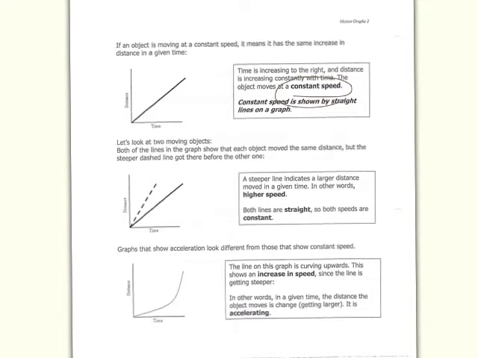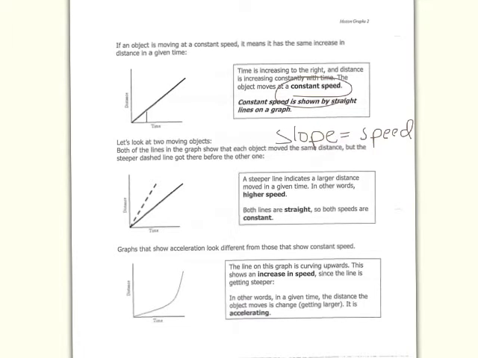Your speed is not changing, and what that means is that every second you move the same amount of distance. And if you think about it, your slope is the rise, the distance, per time. So your slope actually ends up giving you your speed. So the slope on this graph is your speed.